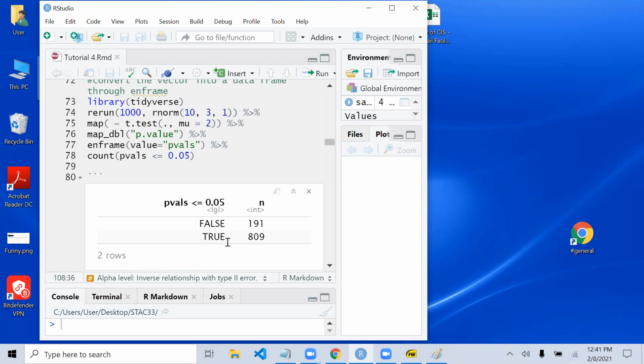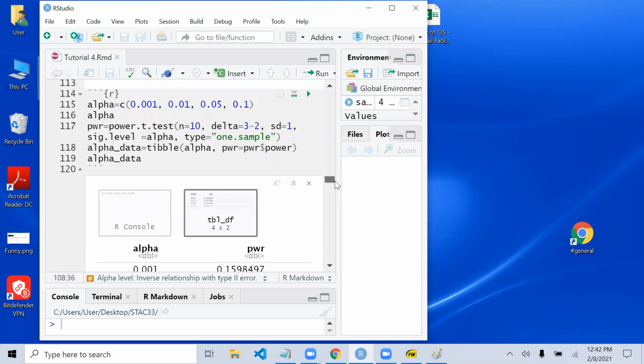So this true proportion will invert, right? Now you'll have more falses than trues because your alpha level is just too low, basically. Because the power test is comparing this p-value to your alpha level, when you drop your alpha, you're going to make your table look different. You're going to have more falses than trues, and suddenly your power is going to decrease because your type 2 error is going to increase, right?